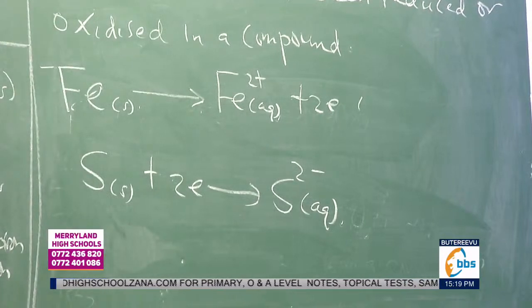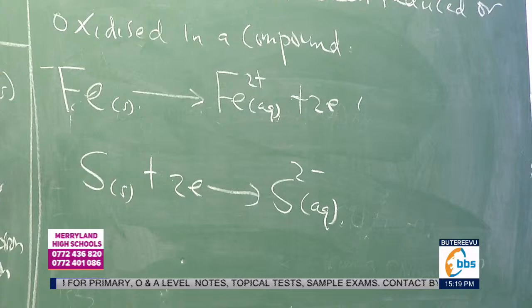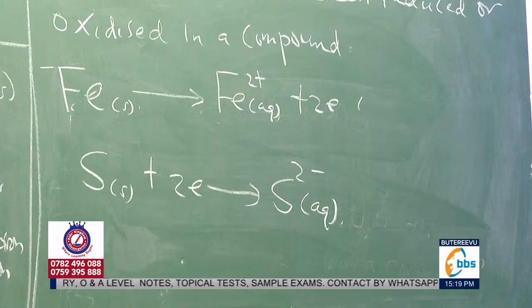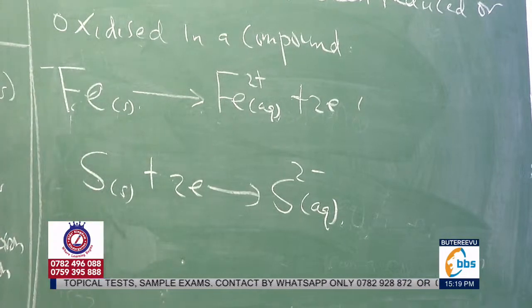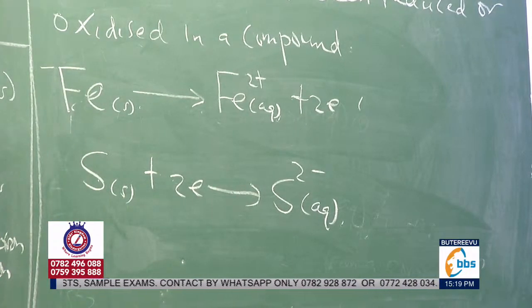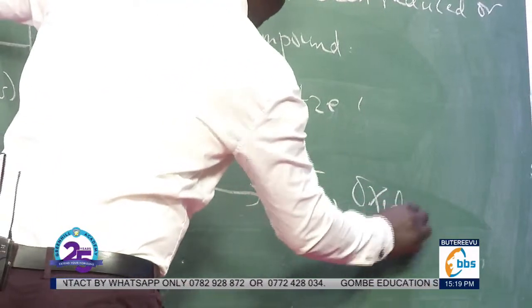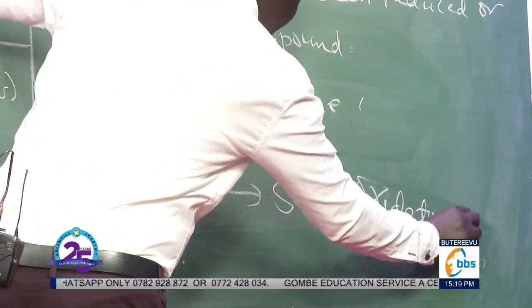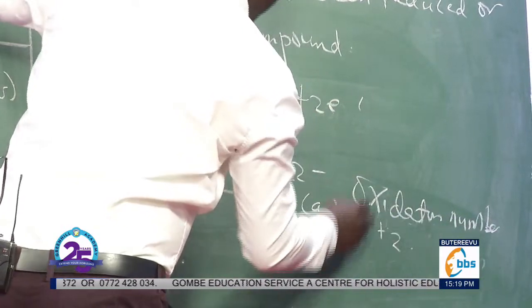So in this case, sulfur is gaining 2 electrons to form the sulfide ion. So the extent to which this sulfur has been reduced is positive 2. So in this case also, the oxidation number of sulfur is positive 2.